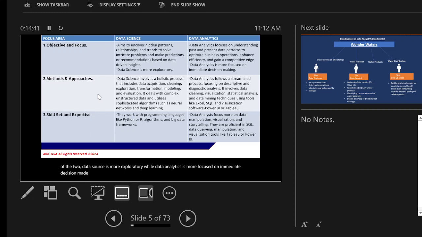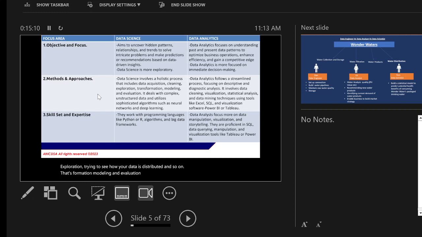Looking at the methods and approaches now, data science involves a holistic process that includes data acquisition, like to acquire data is that part of collection, cleaning of this data, like preparing it for further analysis, exploration, trying to see how your data is distributed and so on, transformation, modeling, and evaluation.